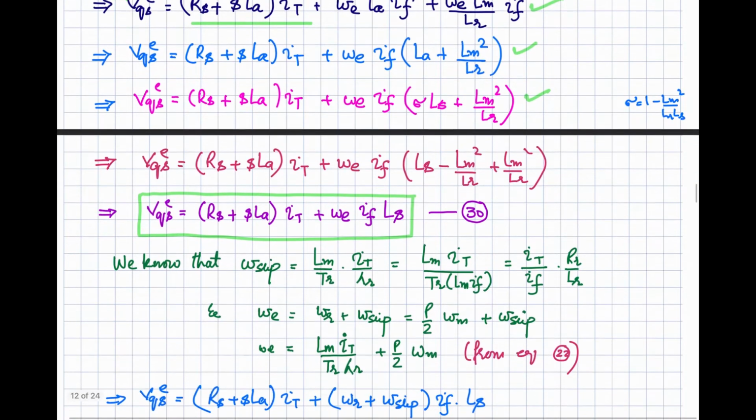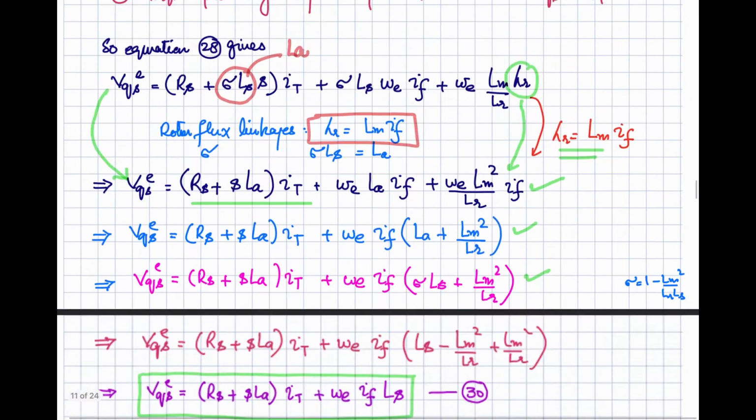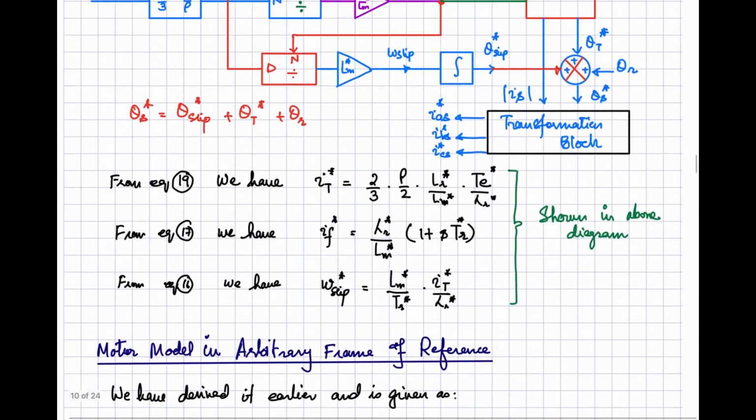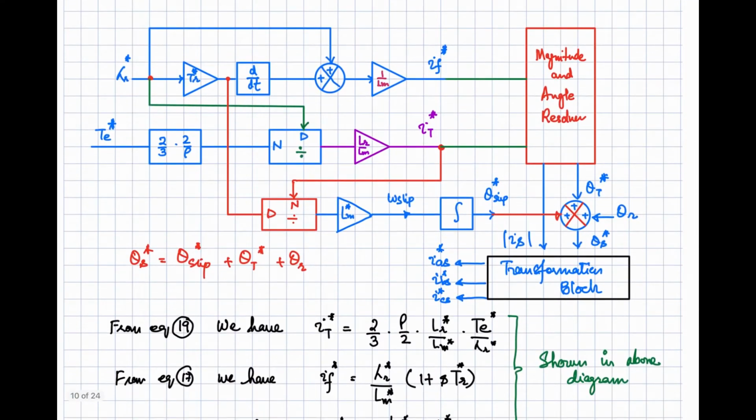Now, with the help of this one, we can calculate the slip speed, or we can represent this q-axis stator voltage in terms of the slip speed. Why are we interested in that? Because if you look at the diagram that we were discussing in the last lecture, you need to calculate this theta s using this slip speed.